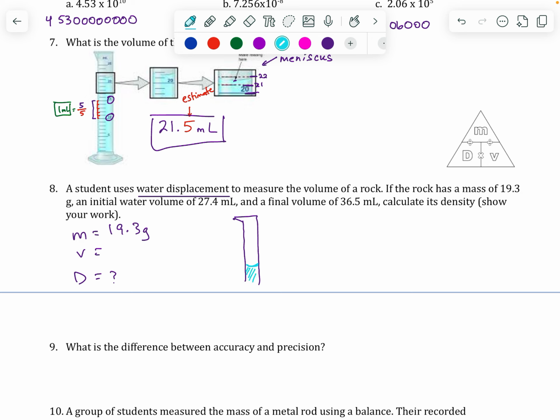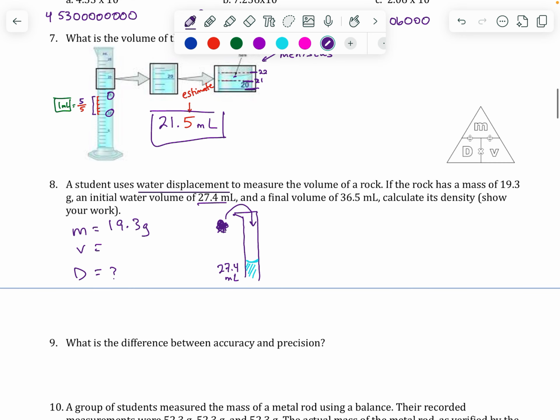And so in this case, we're saying that we started with 27.4 milliliters. So there's the 27.4 milliliters of water. And then we take our rock, and I'll make it not a fun shape, or an easy shape, and we put it into there.